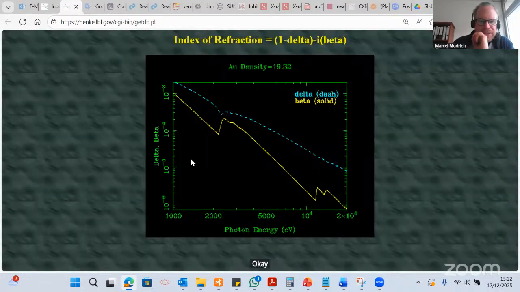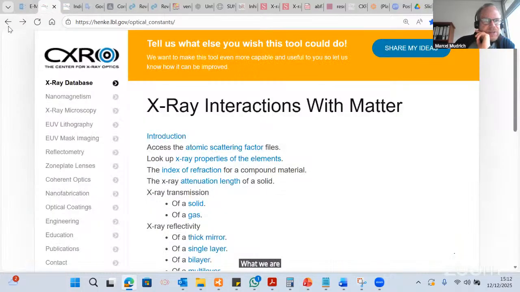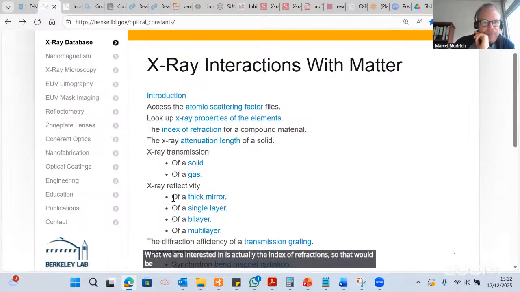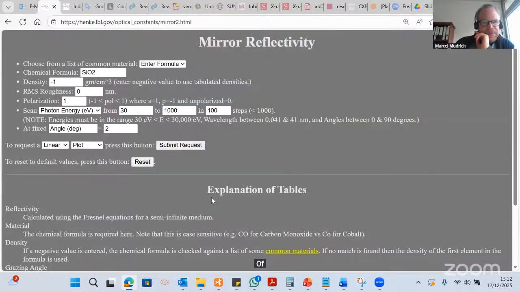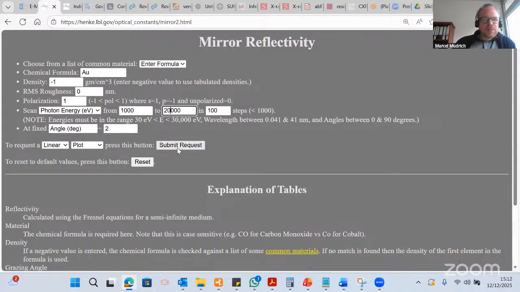Okay, this is not the index, this is the delta and beta. So here you get the delta and beta curves. What we are interested in is actually the reflectivity of a thick mirror. So let's go here, type in gold, 1,000 to 20,000, and you have to specify the angle.